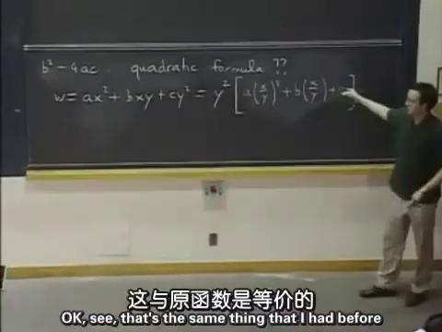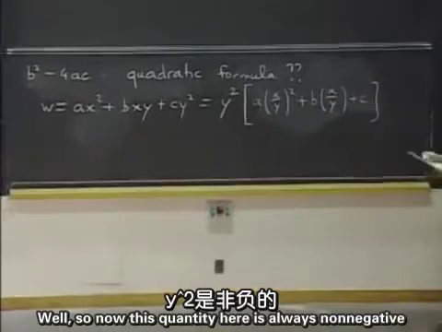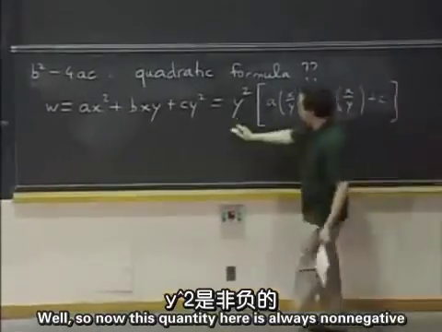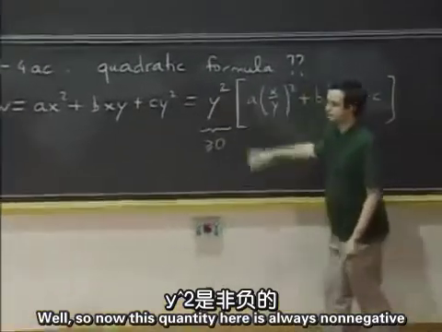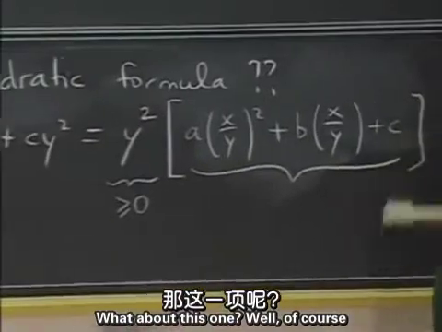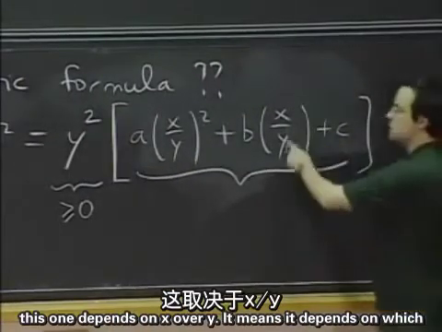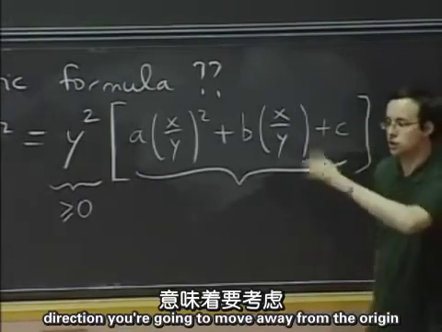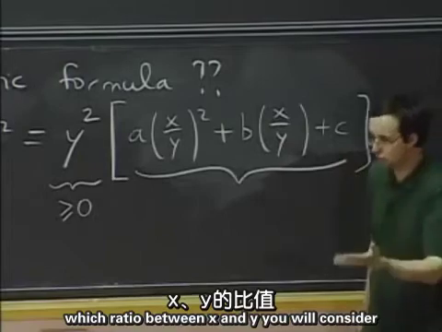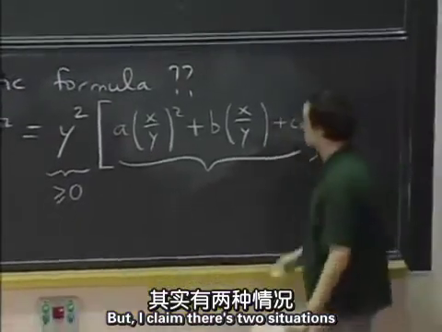Okay, that's the same thing that I had before, right? Now this quantity here is always non-negative. What about this one? Well, of course, this one depends on x over y. It means it depends on which direction you're going to move away from the origin, which ratio between x and y you will consider. But I claim there's two situations.